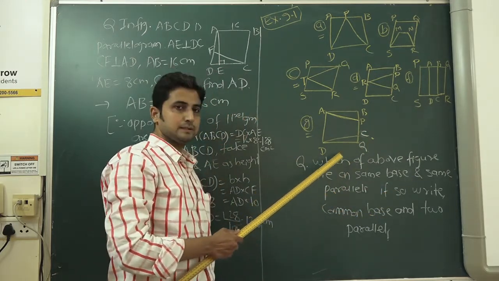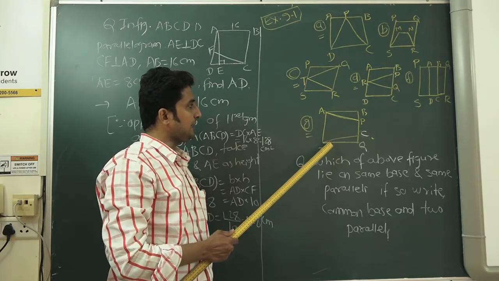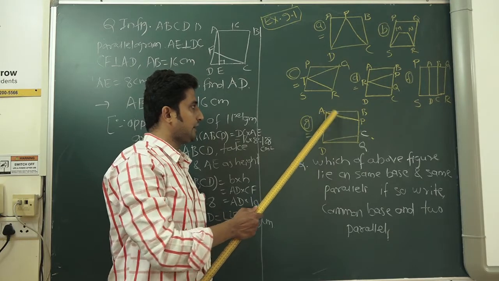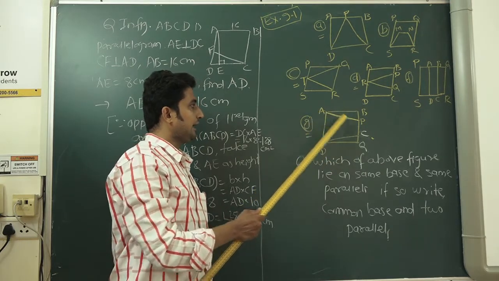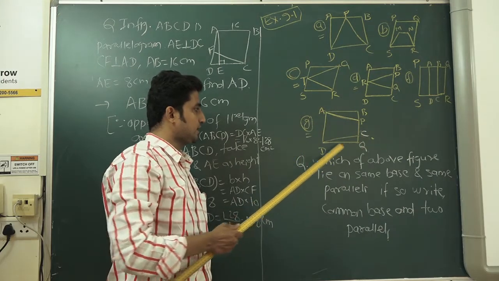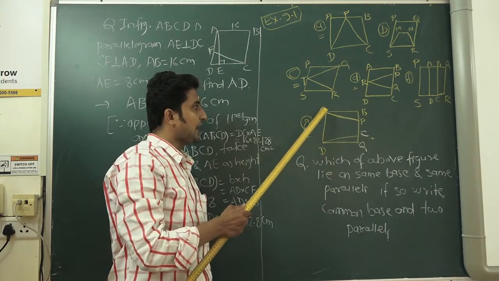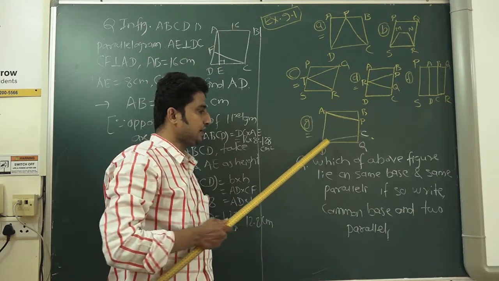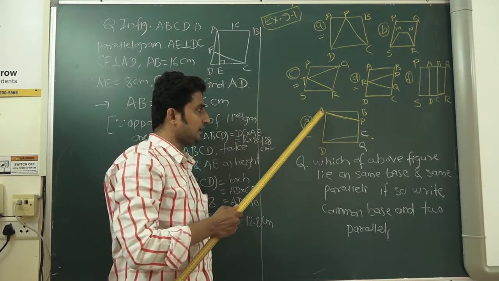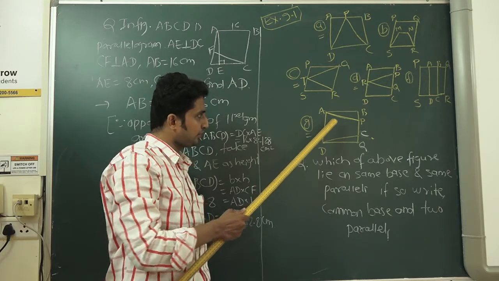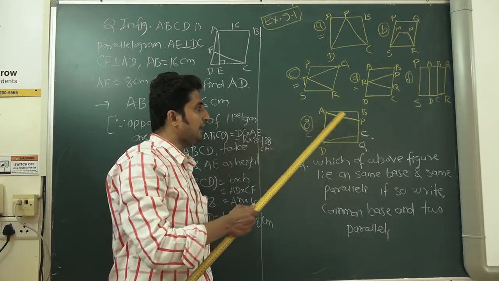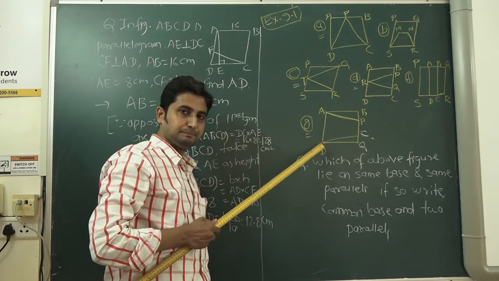Moving on to this, again you will find that there are two quadrilaterals within it, ABQD first and APCD. Here you will find that this AD remains common for both ABQD and APCD.